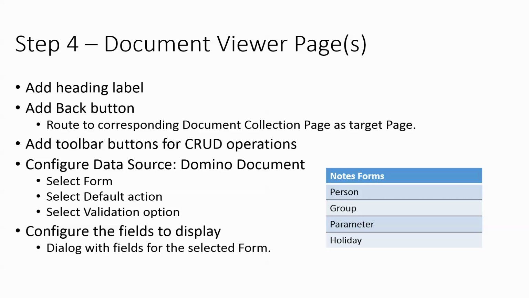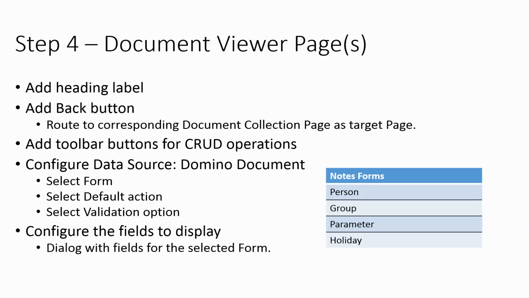For the configuration of the document viewer pages, the process is as follows. We add a heading, we add a back button, and choose the corresponding document collection page as target. In order to perform basic CRUD operations, we add toolbar buttons for close, edit, save, and cancel. We configure the data source.